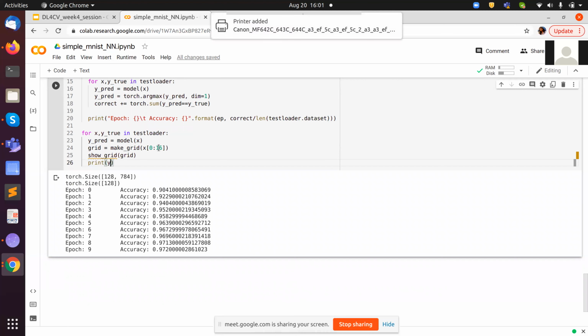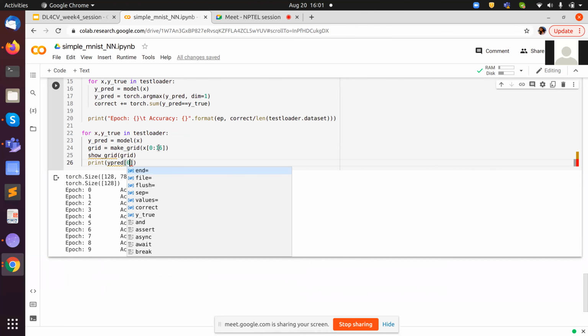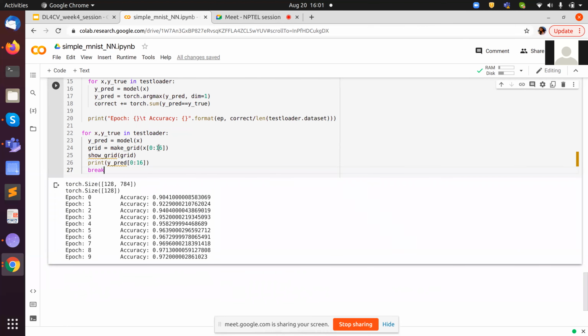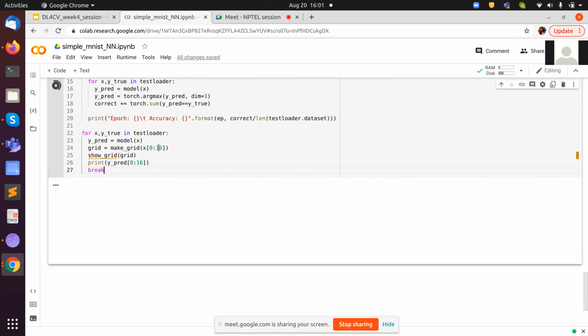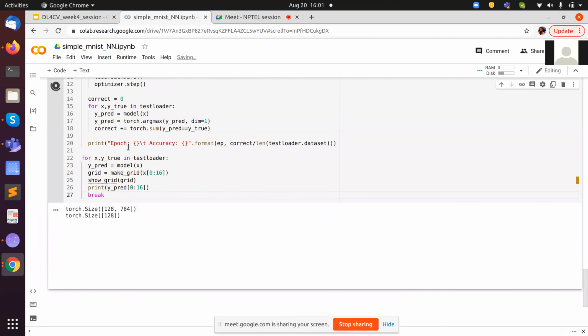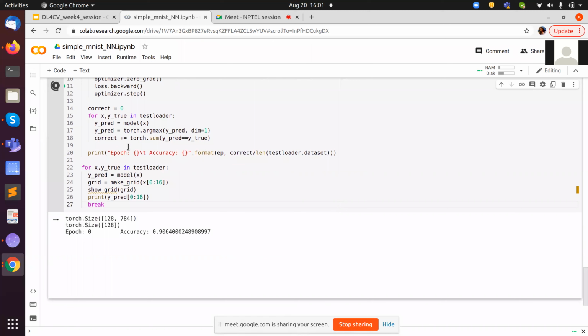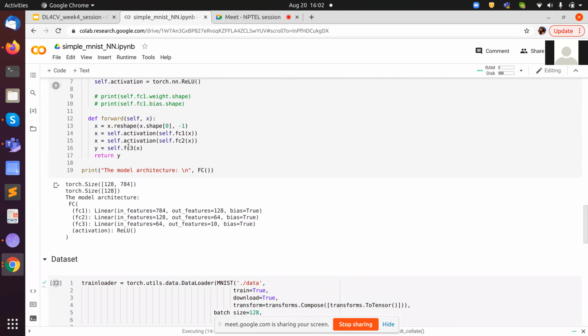Okay, so y prediction from 0:16, and let's do it only one iteration. Should be okay. Oops, I should have done it in the next cell so that it doesn't start the training again. It starts the training again. Okay, we have to wait a while, but I think you will see it maybe in a minute or so. It's very fast.